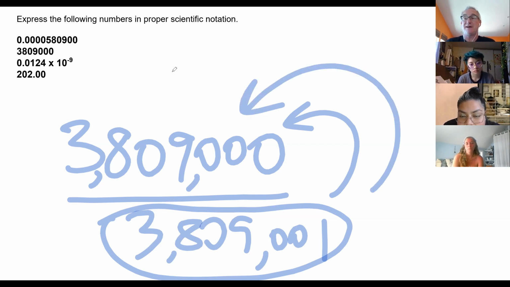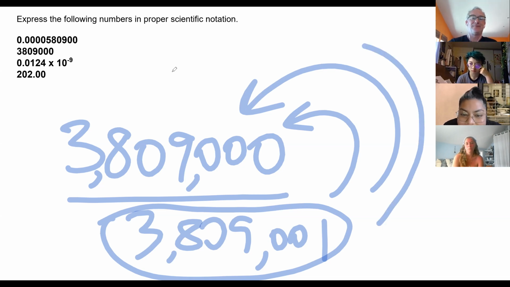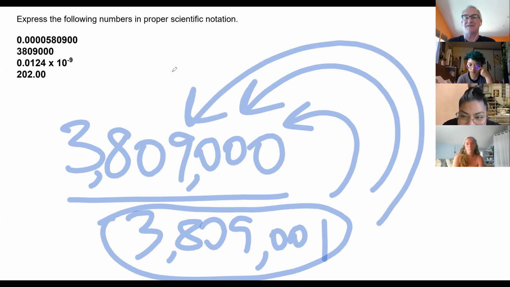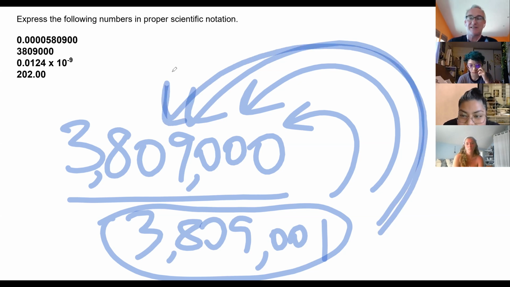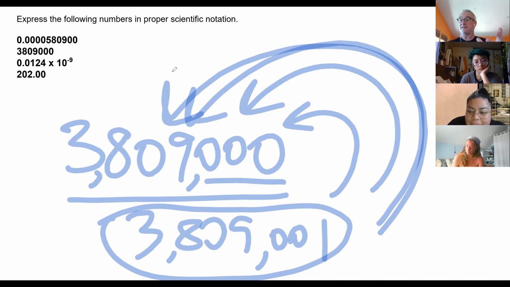If I rounded it to the nearest 100, I'd still get that answer. And if I rounded it to the nearest 1,000, I'd still get that answer. So what that tells me is that these three zeros are not significant, because all this number is saying to me is that it's not 3,810,000 and it's not 3,808,000. It's basically rounded to the nearest 1,000.